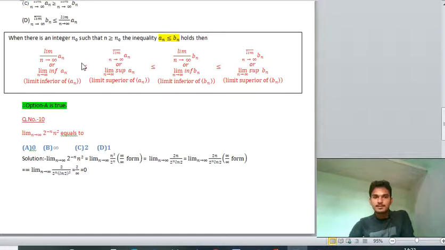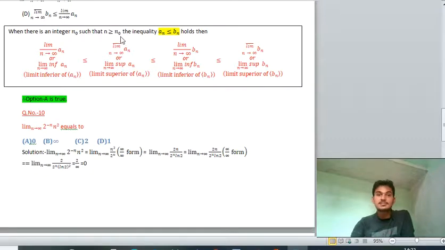Please see it carefully. When there is an integer n0 such that for n greater than n0 the inequality an is less than or equal to bn holds, then we can say the limit inferior of an is less than or equal to the limit superior of an, which is less than or equal to the limit inferior of bn, and the limit inferior of bn is less than or equal to the limit superior of bn.